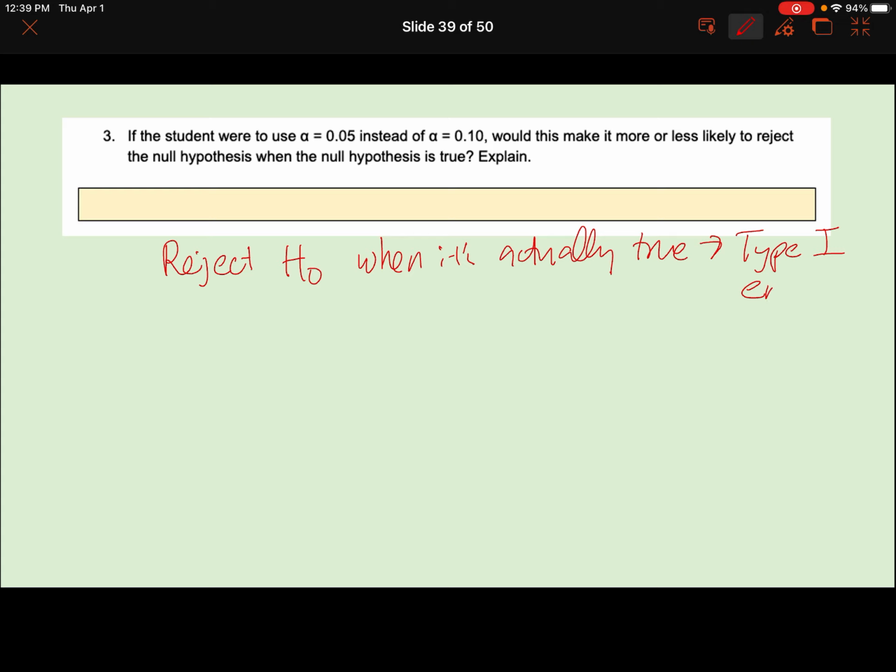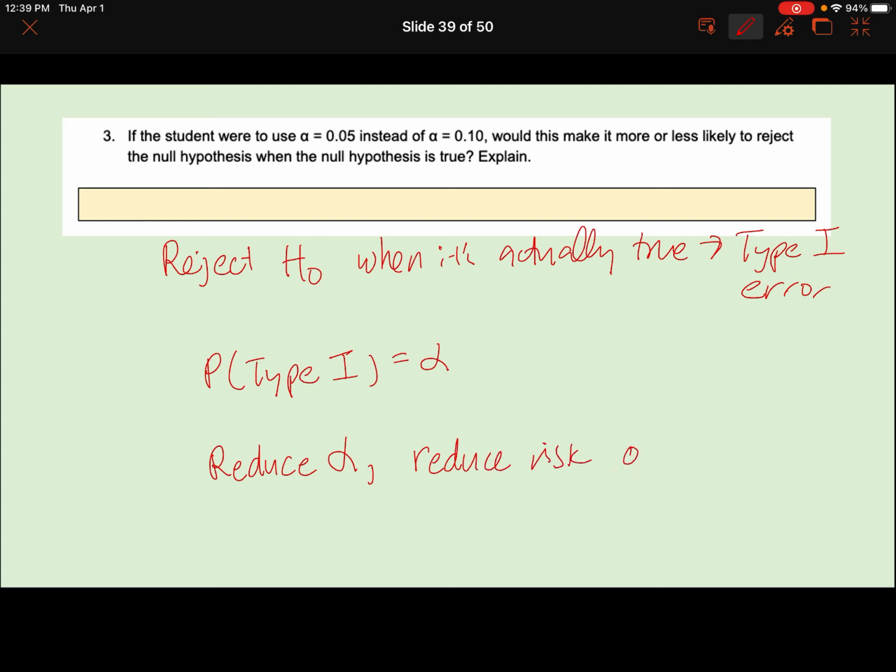And I told you that the probability of a type 1 error is equal to your significance level. So if you're reducing your significance level, that means you're going to reduce the risk of a type 1 error. And that's it for part 3.